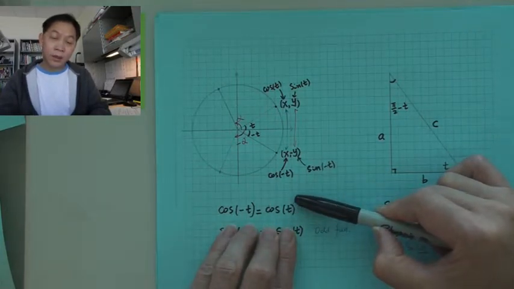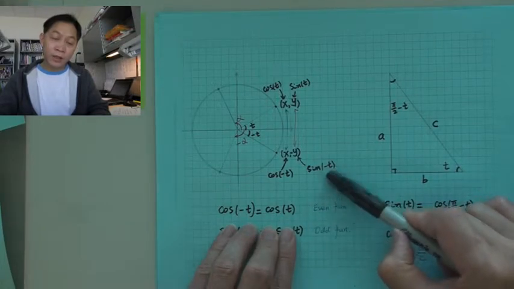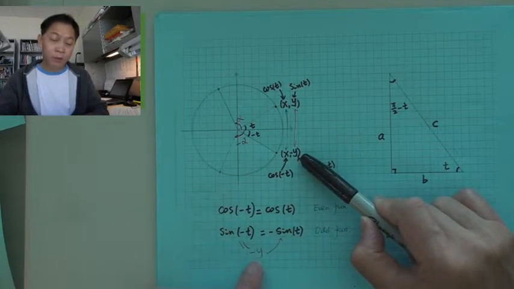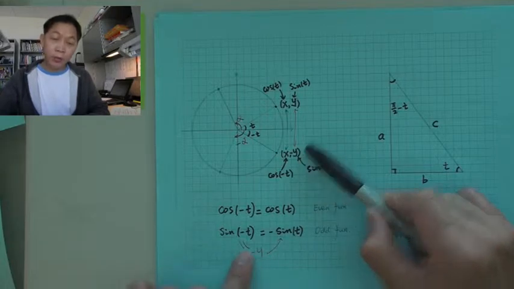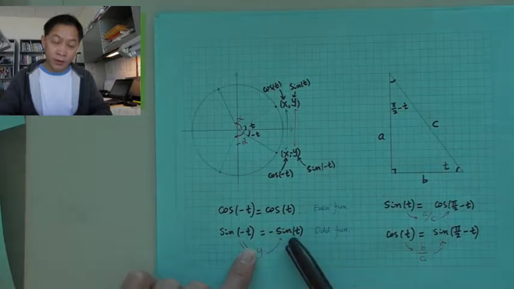Okay, and then sine negative t is negative y. Sine negative t is negative y. But you know y is sine t. Okay, y is sine t.